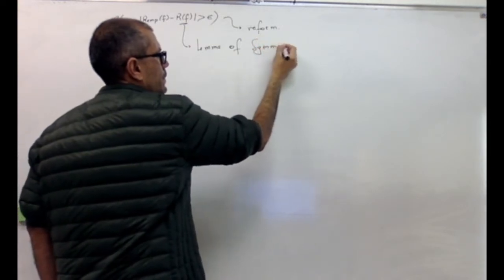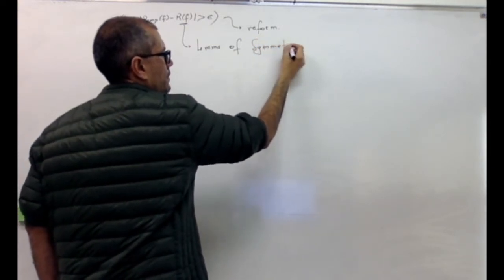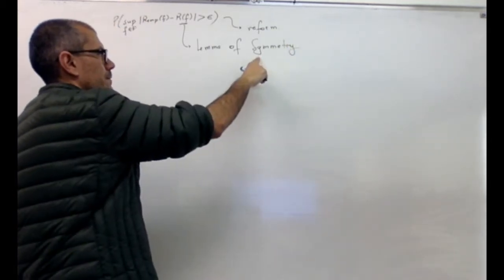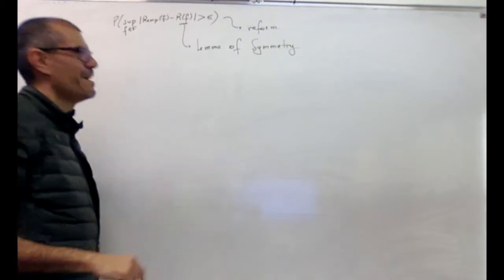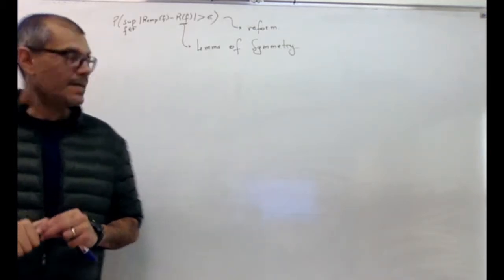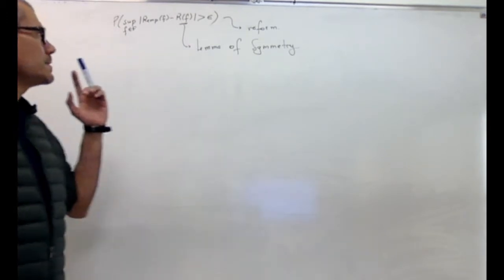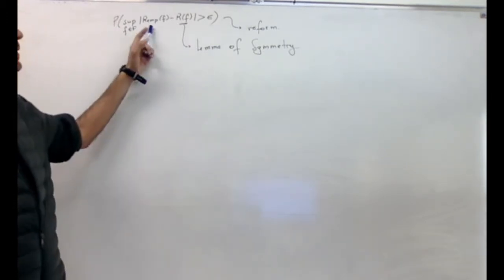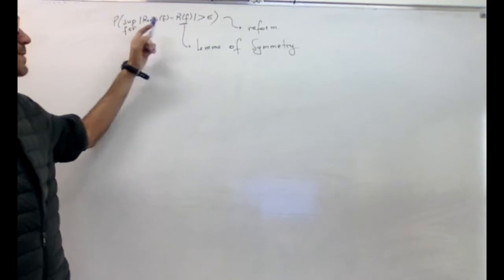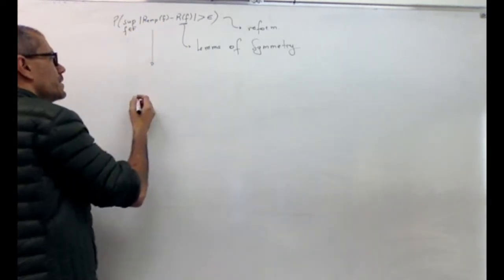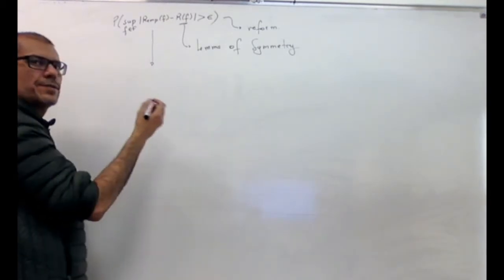That lemma of symmetry, I don't remember if there is a y here. Okay, doesn't matter. The lemma of symmetry tells us that instead of having the difference between the empirical risk and the expected risk, we can have the difference between two averages.